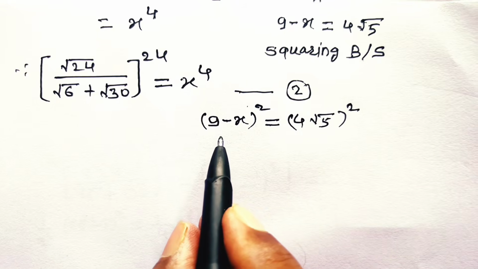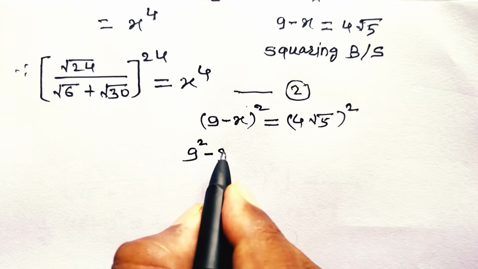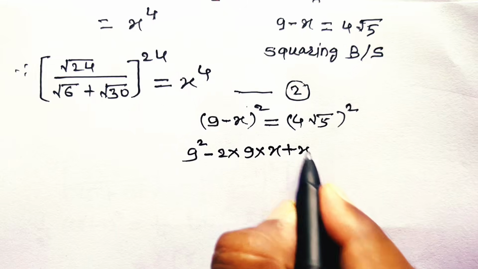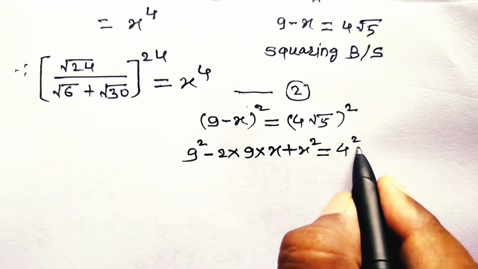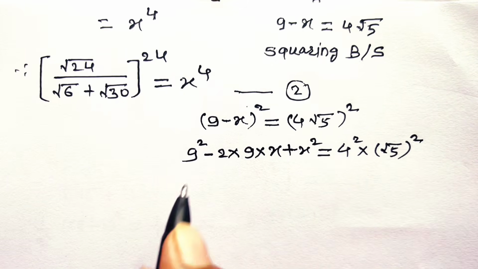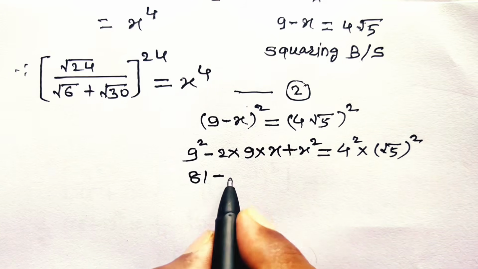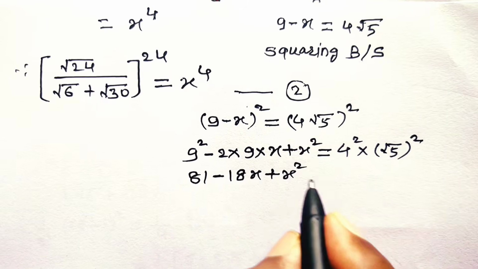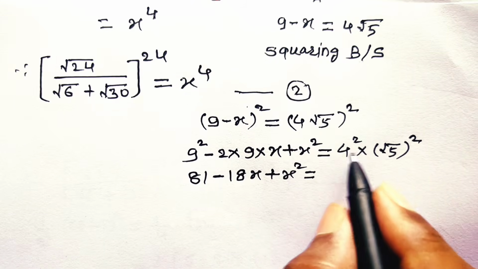Again, expansion formula: 9 square minus 2 into 9 into x plus x square is equal to 4 root 5 square, which is 4 square into square root of 5, its square. 9 square is 81 minus 2 into 9 into x, 18x, plus x square is equal to 4 square is 16 and root 5 square is 5. 16 into 5, 80.